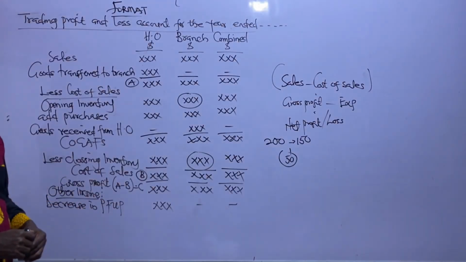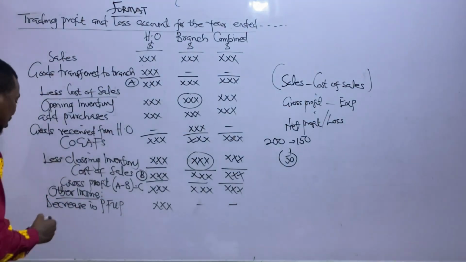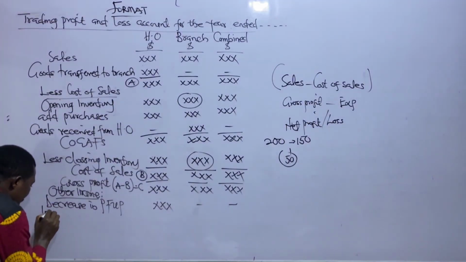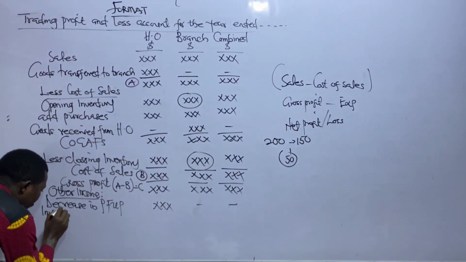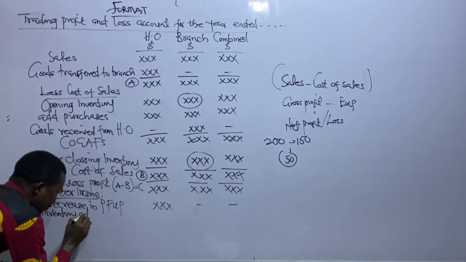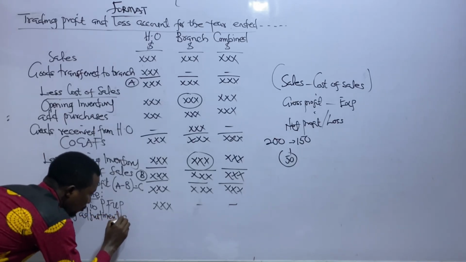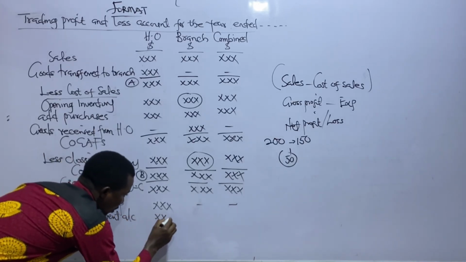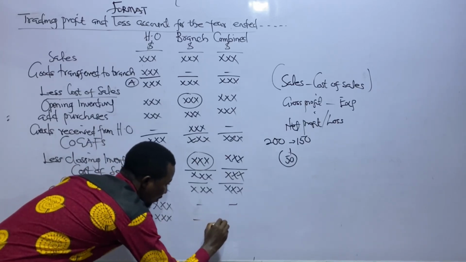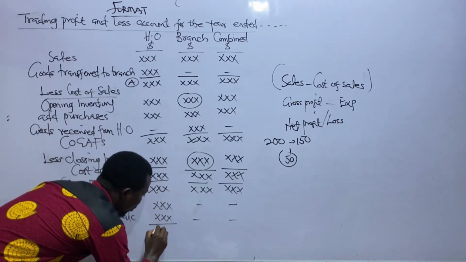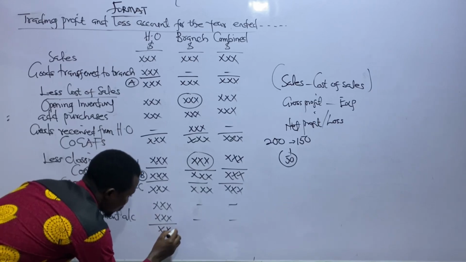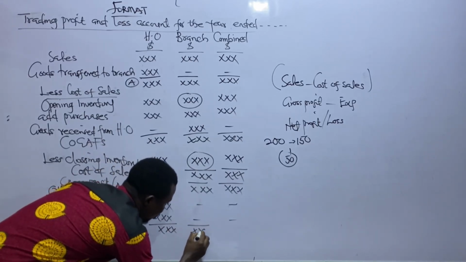And now we have something we call the inventory adjustment account. It will be recorded here. It will not affect this. It will not affect this. Now we add and get a total. This will be the total gross profits.